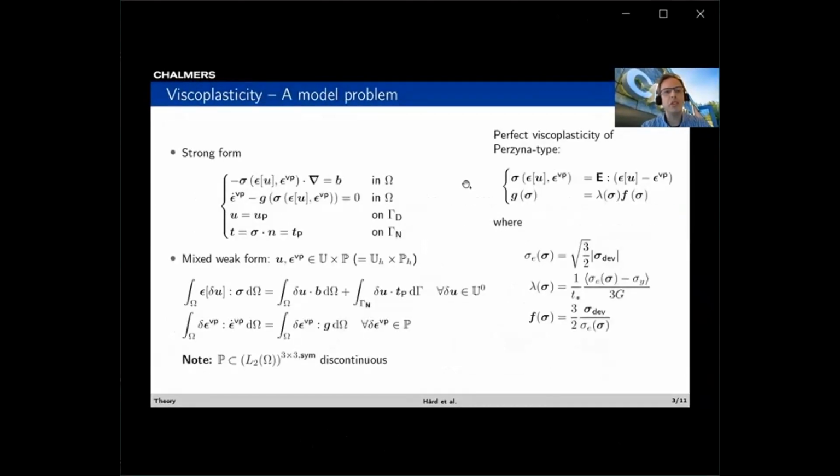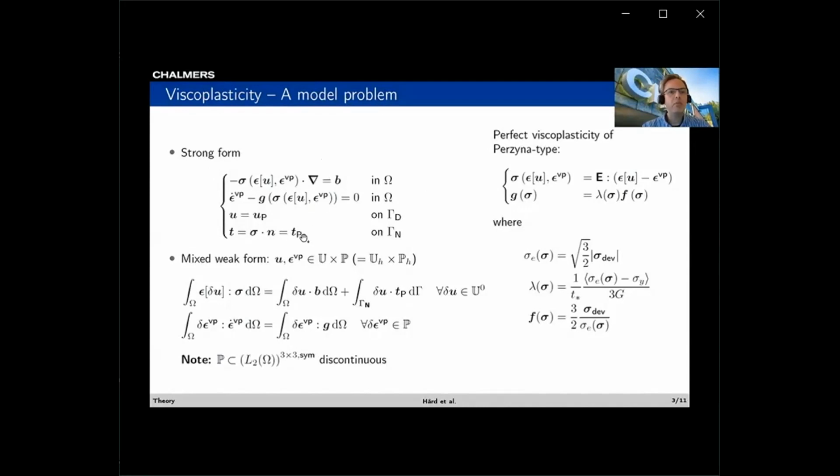So we consider the equilibrium equation of the Cauchy stress sigma together with the evolution of viscoplastic inelastic strains, as you see here, where we have linear elasticity together with perfect viscoplasticity of Perzyna type, as illustrated here. So u is the displacement field and epsilon vp are the viscoplastic strains.